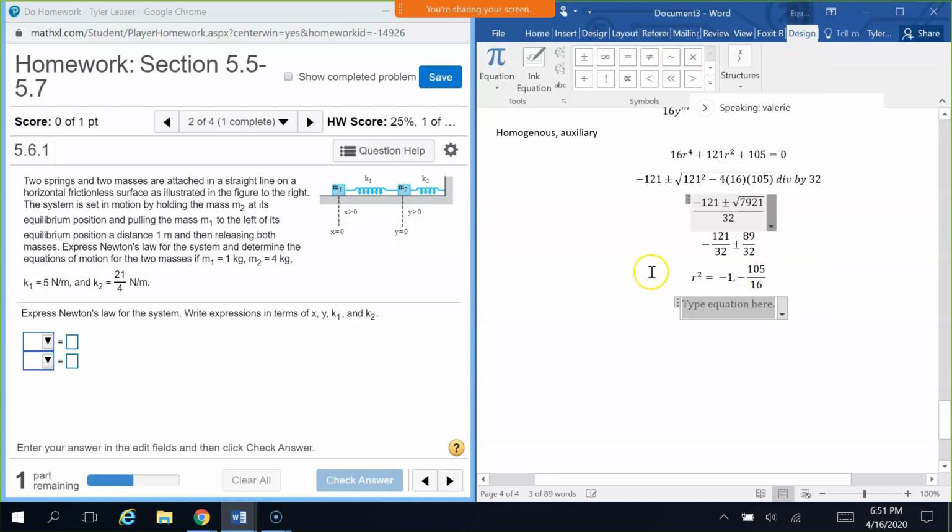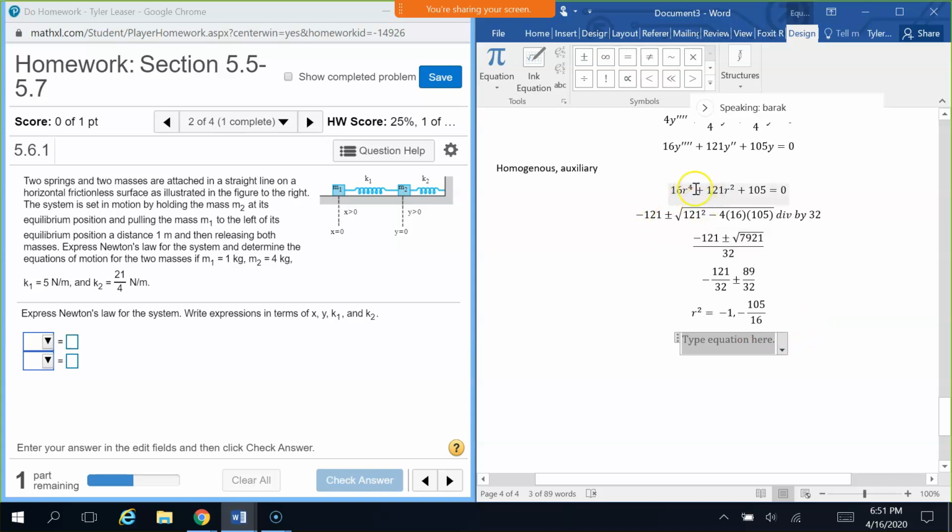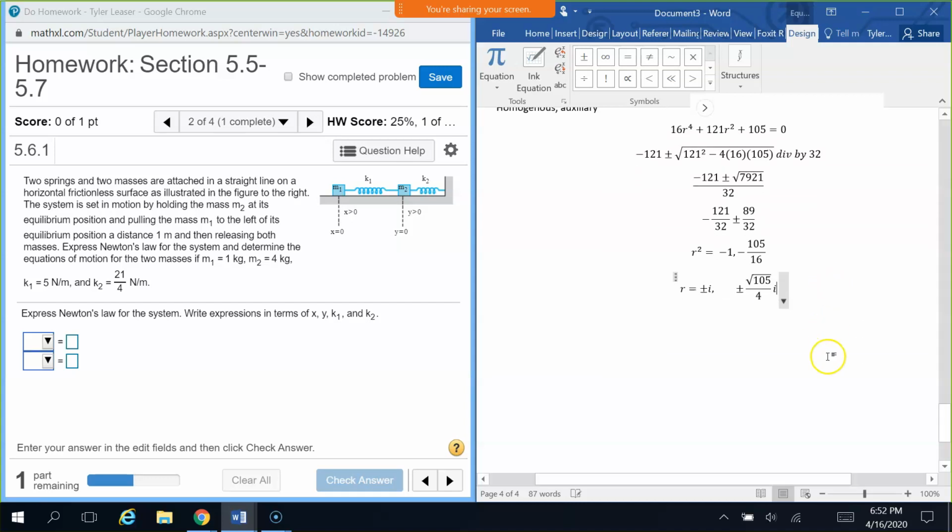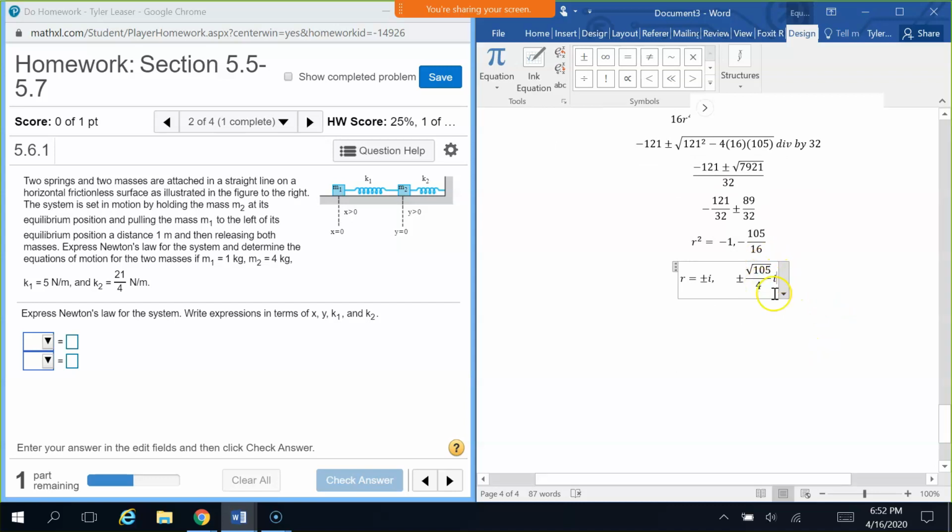Okay, we have to take the square root now. Because this was a 4th order auxiliary equation, r squared is equal to these two things, which means r is going to be plus and minus i as one set of solutions, and then plus and minus i times the square root of 105 over 4.